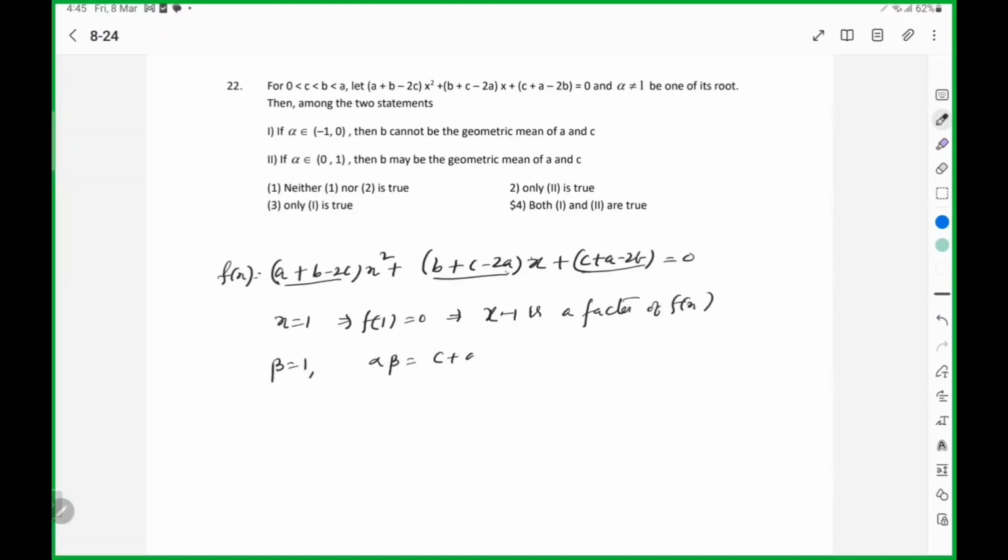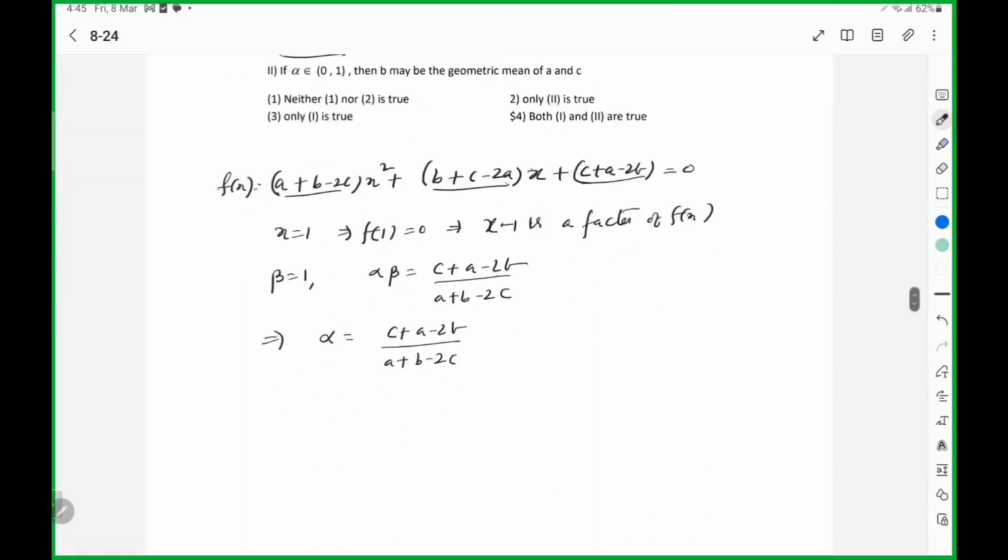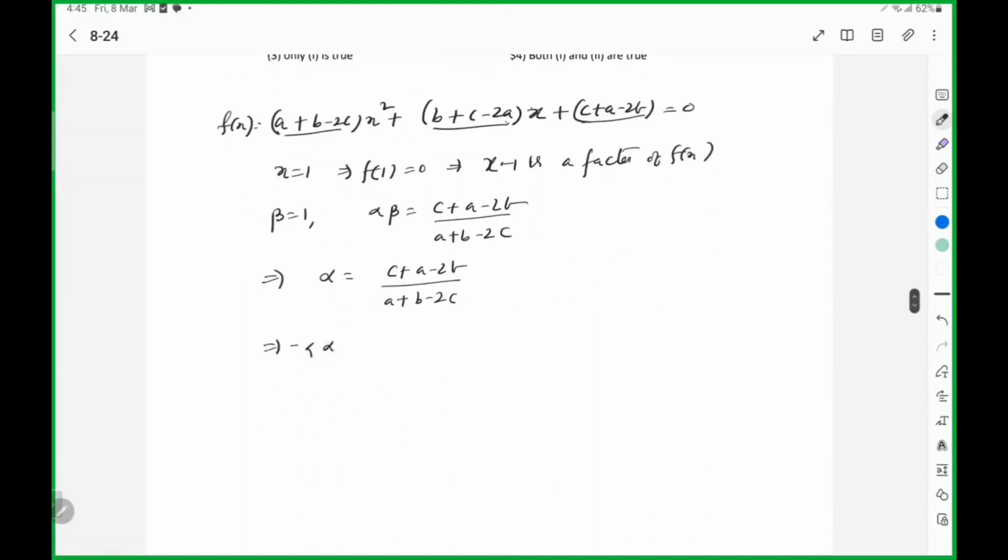Alpha beta will be c plus a minus 2b by a plus b, which implies alpha is equal to c plus a minus 2b by a plus b minus 2c. He told alpha is in minus 1 to 0. So from here I can say c plus a minus 2b by a plus b minus 2c is greater than minus 1.